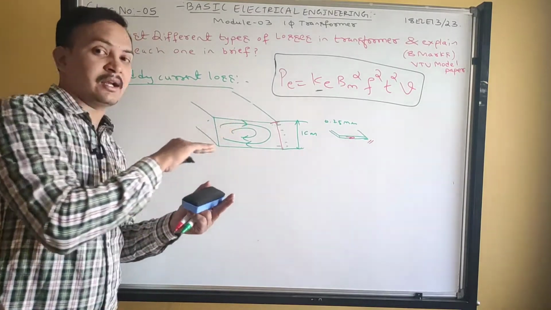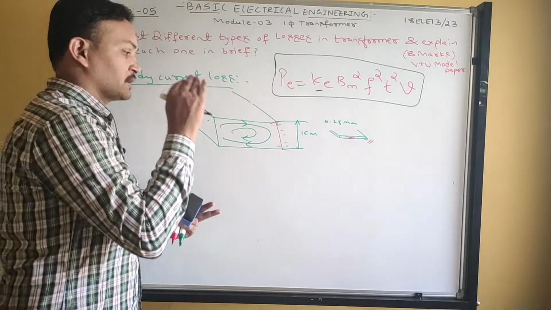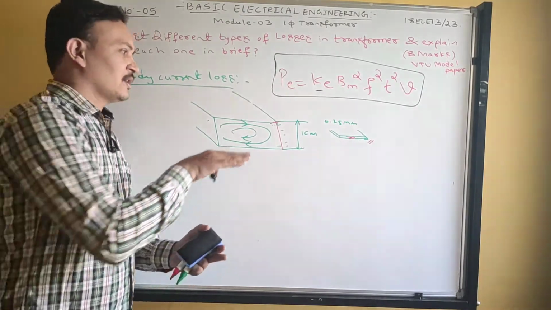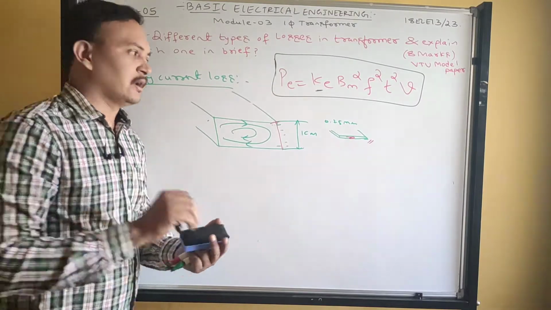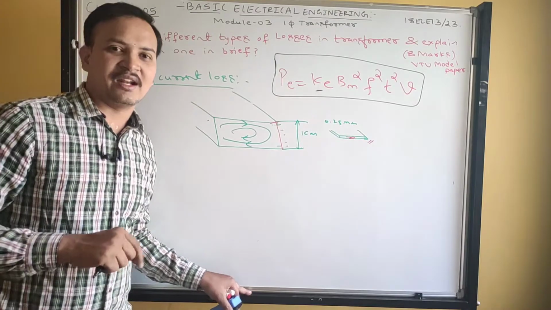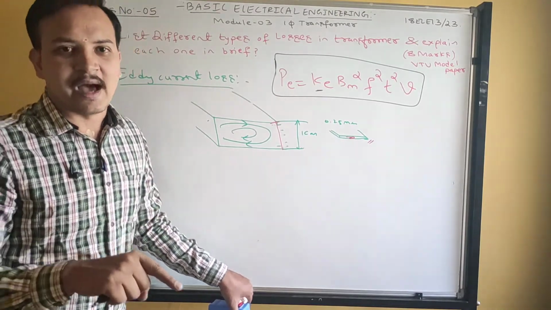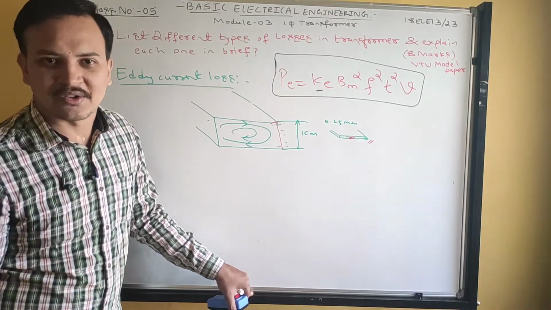Don't directly use a solid core as a transformer core. Instead, you cut that same solid core into a number of laminations and then use it, so that we can reduce the circulating current that flows within the core. As long as you reduce the circulating currents, we can reduce the eddy current losses.